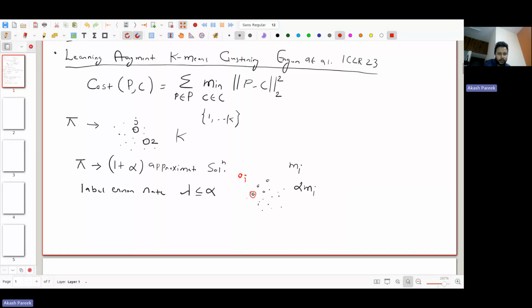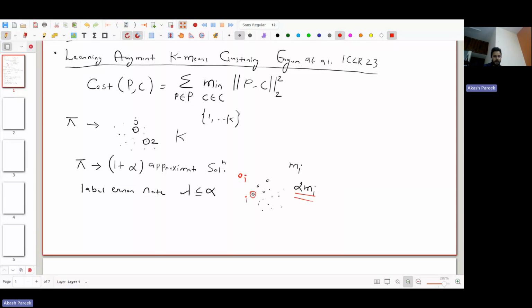Maybe this point also is labeled I, and it belongs to some other cluster. So at most alpha of them can be wrong. This is the condition that we have. If a cluster has a total of mi points, alpha mi of them might be mislabeled, maybe less than that. In general, it is lambda.